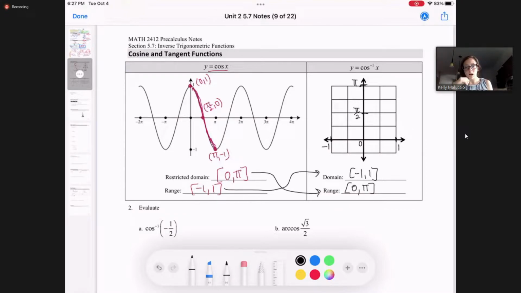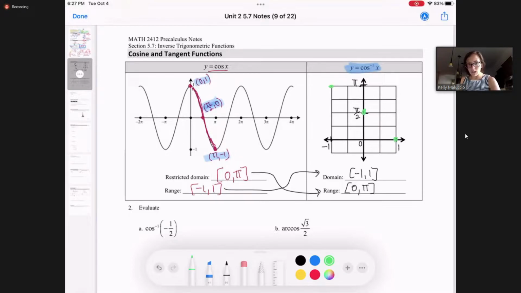We can take each of these 3 points, flip the x and the y, and there's our graph. So I'll have 0, pi over 2, which is here in the middle, then -1, pi, which is here, and then 1, 0, which is here.